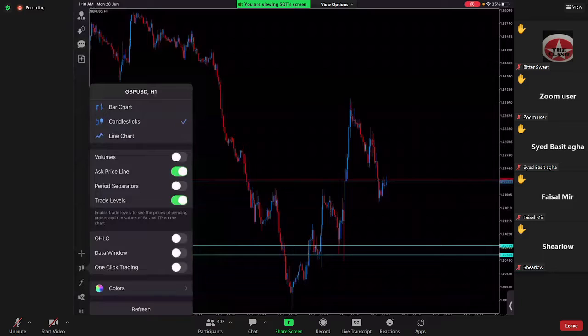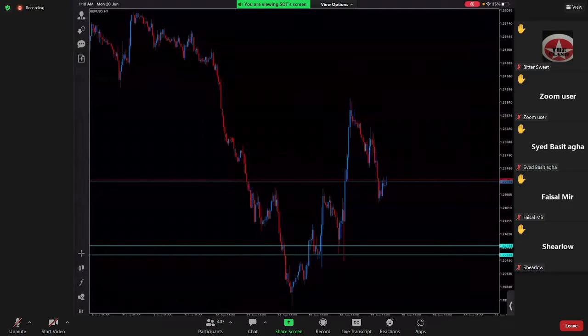Confirm touch. Already touch the zone buy.